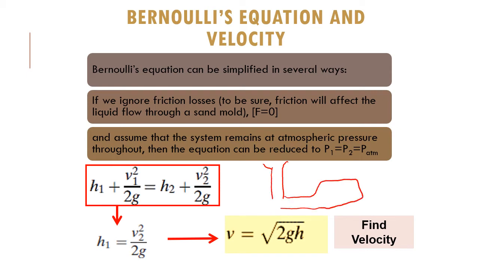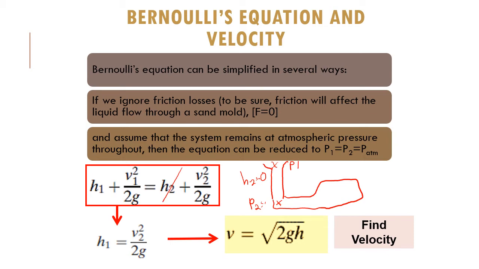We assume this is point 1 and the point at the bottom is point 2. If we take point 2 as the reference point, the height of point 2, H2, is 0, so we can cancel H2.